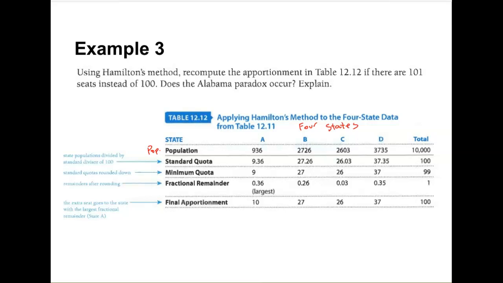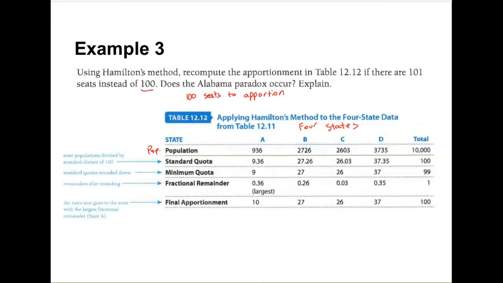All right, so the second row, here's what they've computed for us. Let's say we had 100 seats in our house to distribute. So we want to apportion 100 seats. The first thing we do to find the standard quota is divide our state population by the number of seats, right?